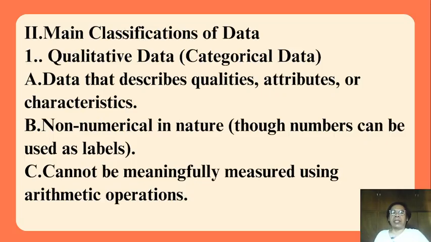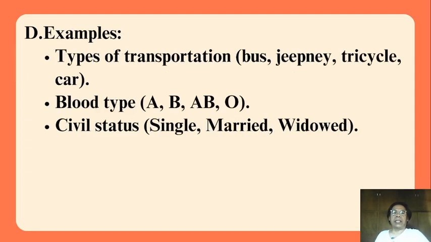Main classifications of data. The first is categorical data. We call it qualitative data. So this data represents the data that describes qualities, attributes, or characteristics. And these are non-numerical in nature, though numbers can be used as labels, they cannot be meaningfully measured using arithmetic operations.